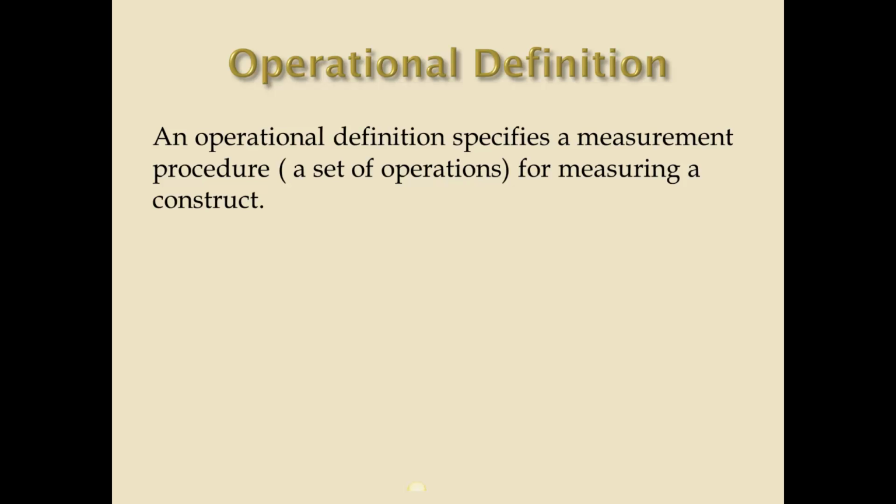There's no general consensus on what exactly this variable is, so you define it in a way that only applies to your research. For example, you define students' motivation as the number of hours they study.